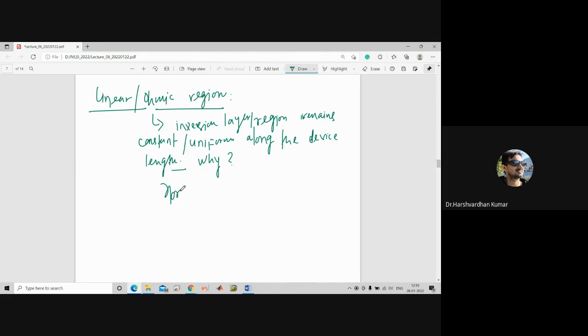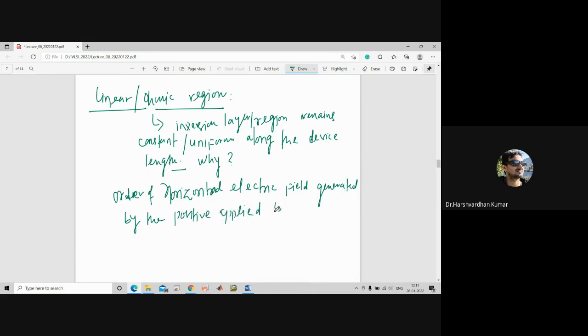Because the magnitude, or order, of the horizontal electric field generated by the positive applied bias at the drain terminal is the same or quite a bit smaller than the vertical thin oxide field.